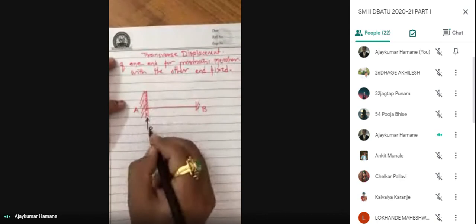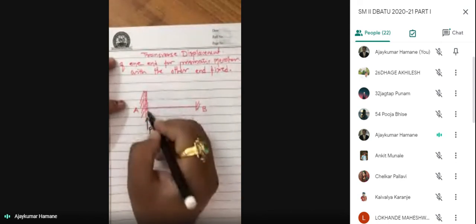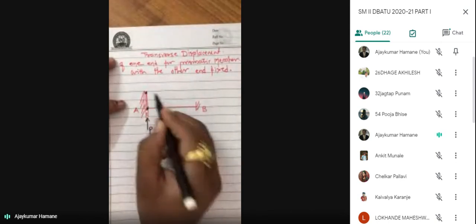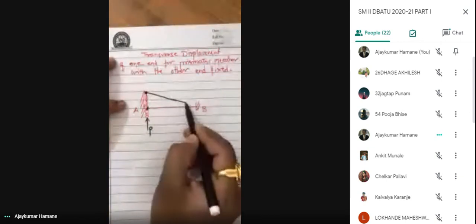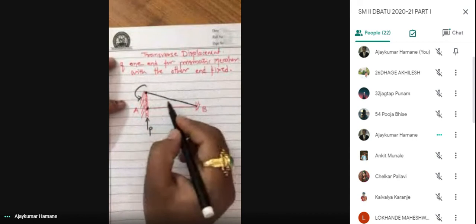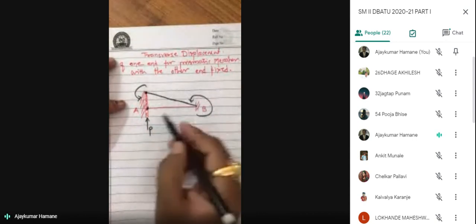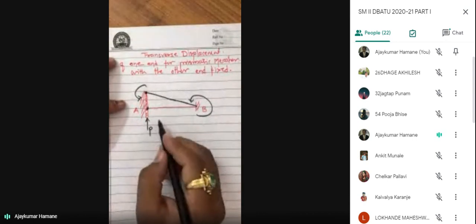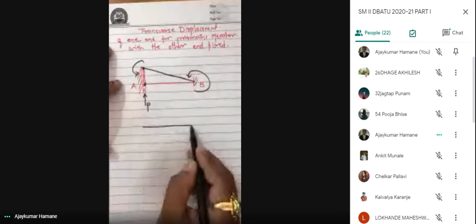So here if you apply a P force, correct, this joint gets displaced here, and we have a moment here, correct, the same moment will be here, and we have the reaction that I will draw here.